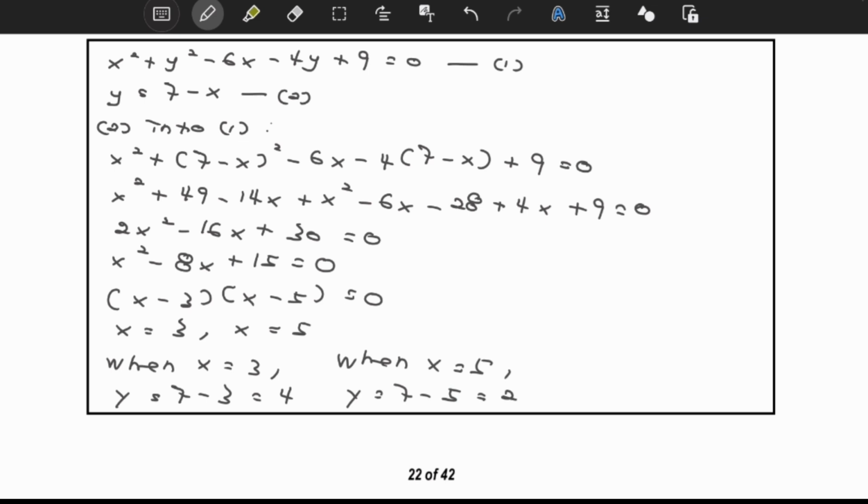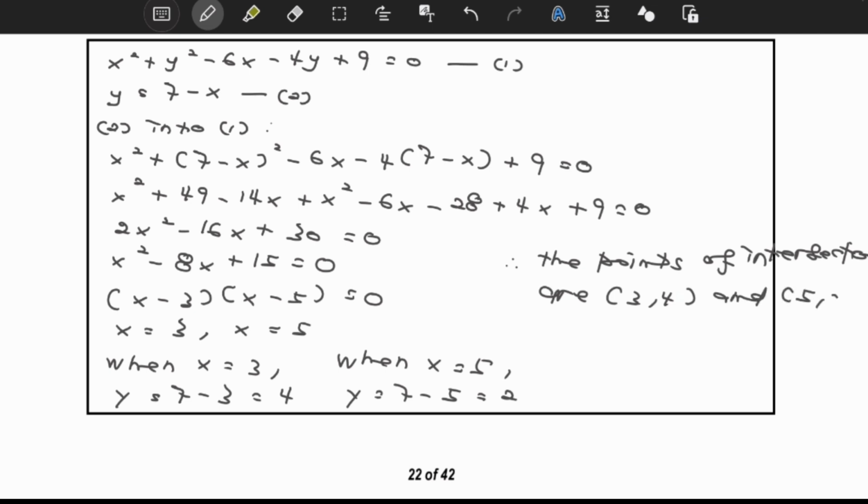So now let's conclude our answer. Therefore, the points of intersection are (3, 4) and (5, 2). So that's it. Our answer.